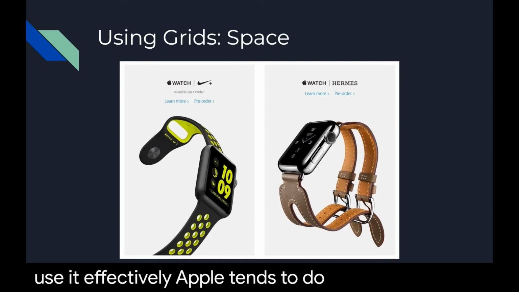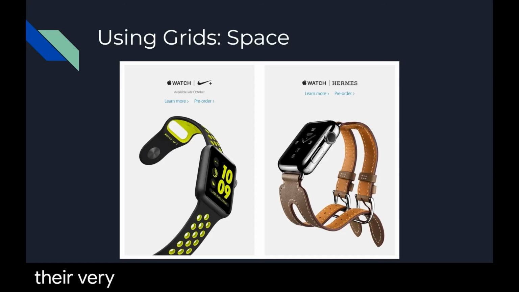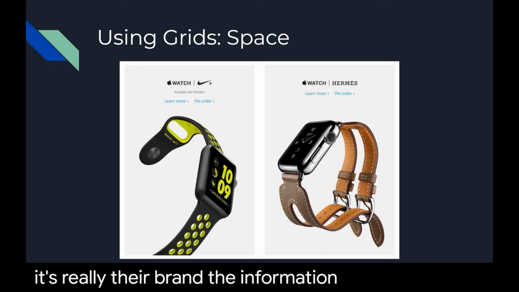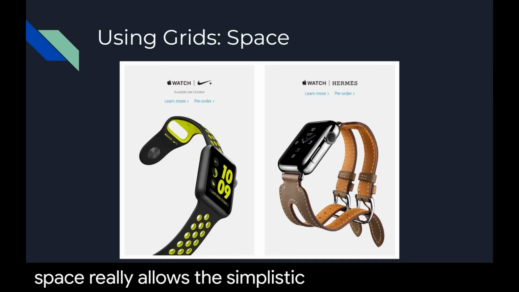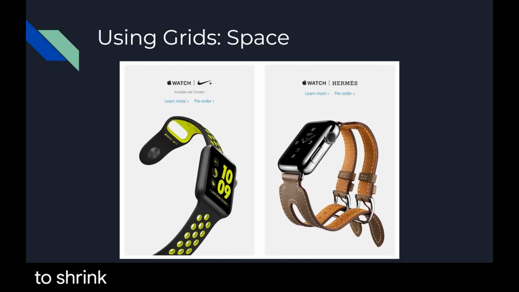Apple tends to do this very well with their very basic, simplistic use of white space, where it's really their brand, the information about when it might be available, learn more, pre-order, but really what you're drawn to is the product itself, making you want to purchase these items. And so the use of space really allows the simplistic nature of the design to shine.